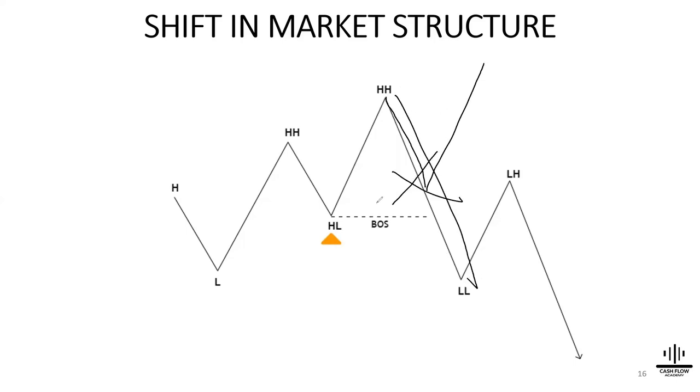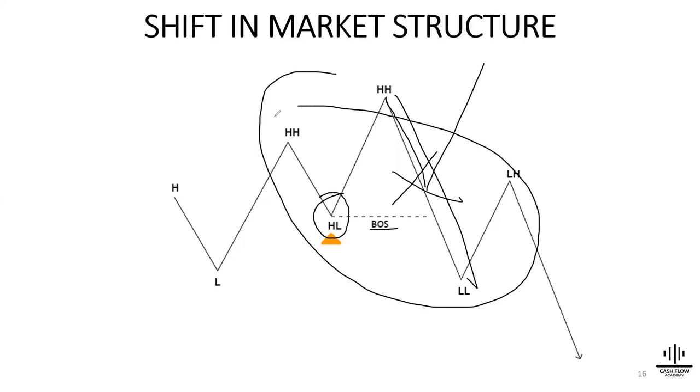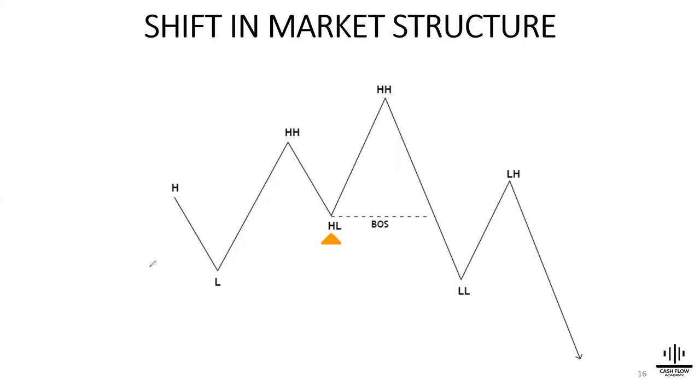Price broke this low, the higher low that was created, which is also called break of structure. So this here that we can see is a shift in market structure. What did it shift from? It shifted from bullish to bearish. So I hope you understand.